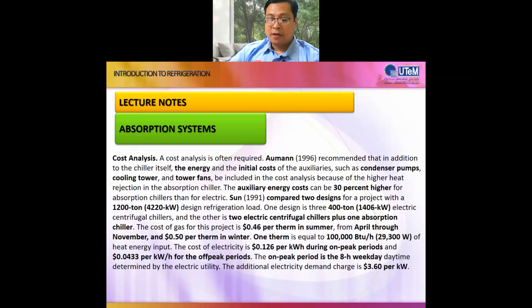For a big plant, the auxiliaries will be bigger in size, like the pump and cooling tower, which will also be larger. So we try to absorb the heat. It's not easy.